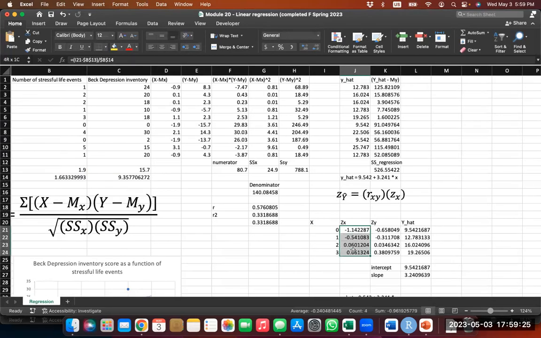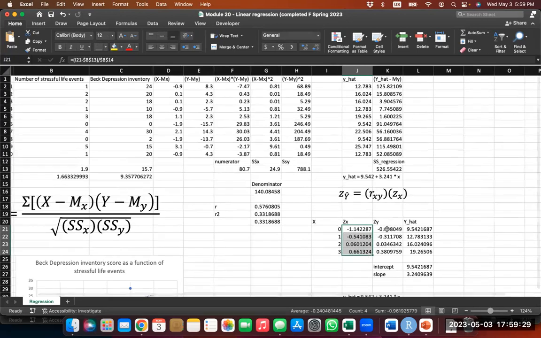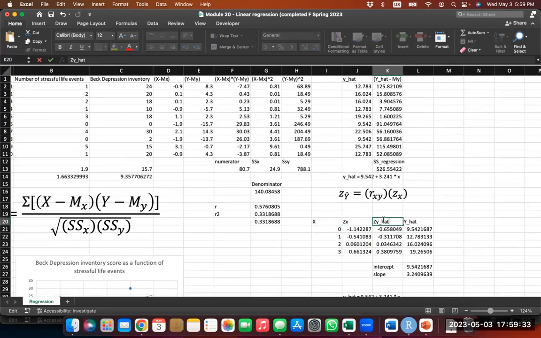We can calculate standardized x values. So now predicting the standardized y hat allows us to then retransform, knowing the variability of our y of 9.35 calculated on the actual data, to calculate predicted y values.